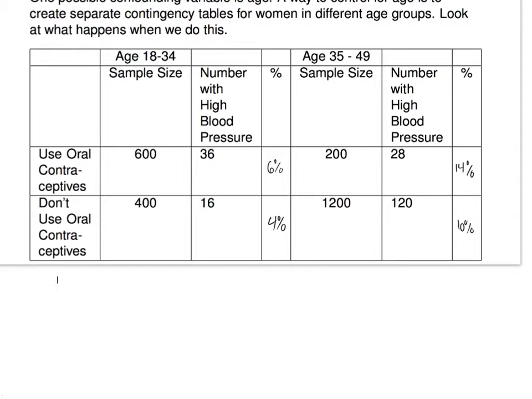So the thing to point out here is that the relationship, let's say, I didn't call them A and B, but can I call the first table A just to make it easier? So that relationship is reversed.